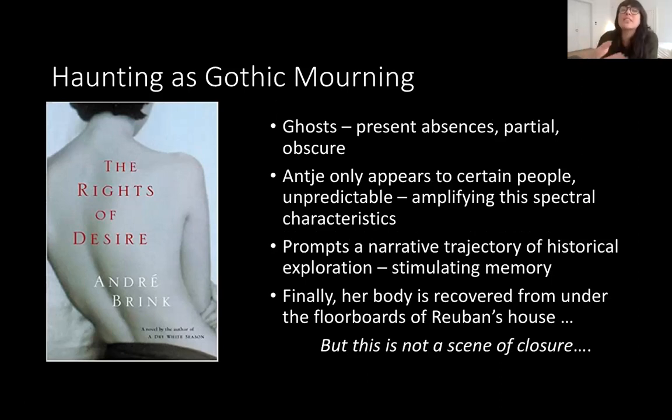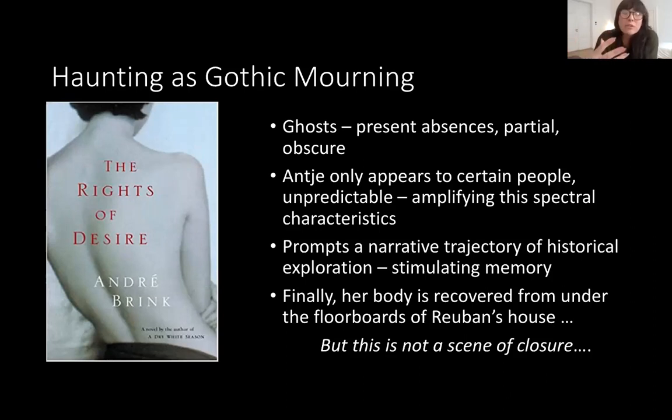Ghosts, why might ghosts be interesting or useful figures in the consideration of memory as mourning? The key reason is because ghosts are present absences. They are always partial and obscure, spectral, fragile, trace-like, rather than robust and fully present.